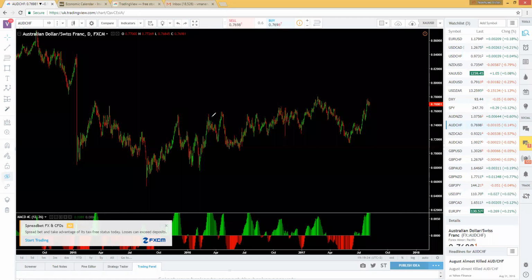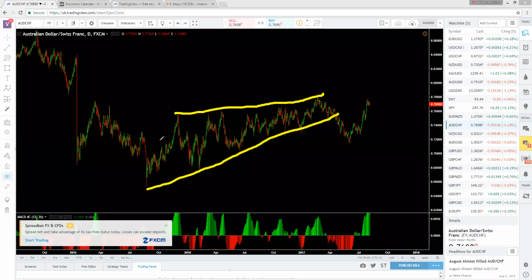There is this leading diagonal. If you can see here, it's a leading diagonal. That's 1, 2, 3, 4, 5. And after the 5, remember, this whole leading diagonal is an A wave.